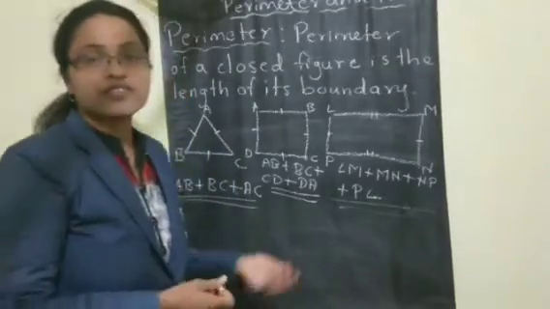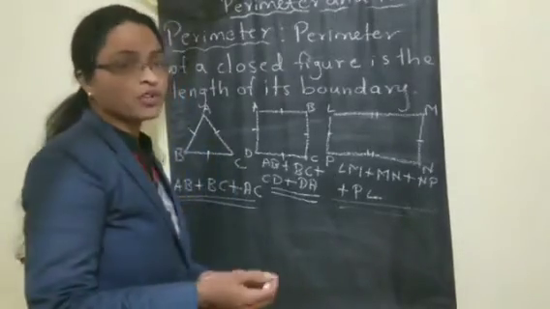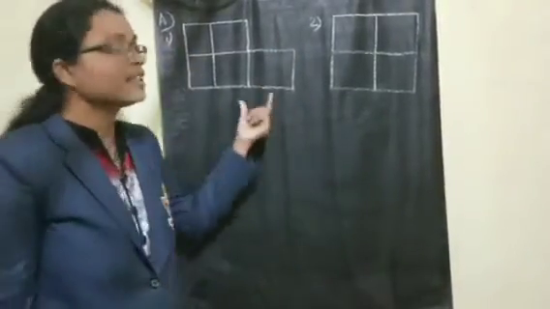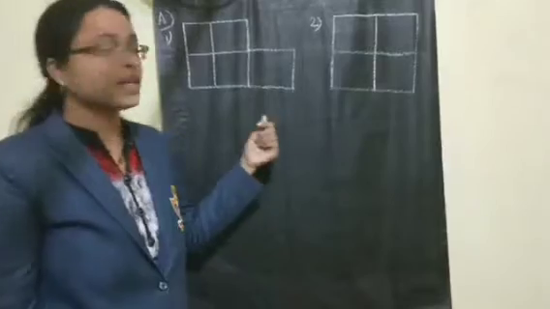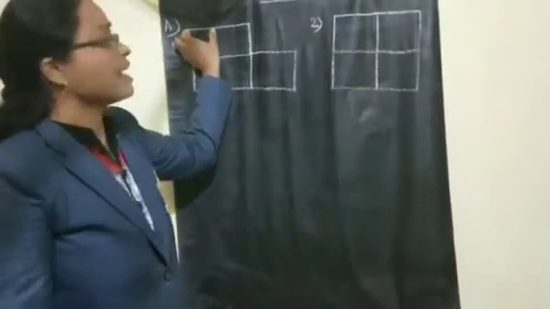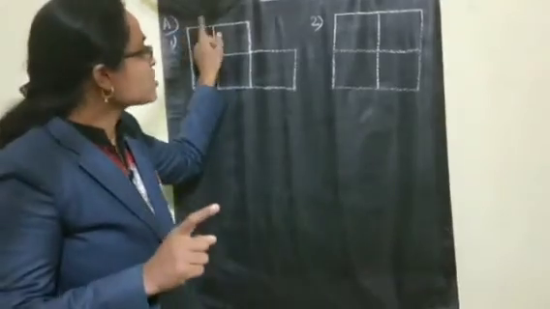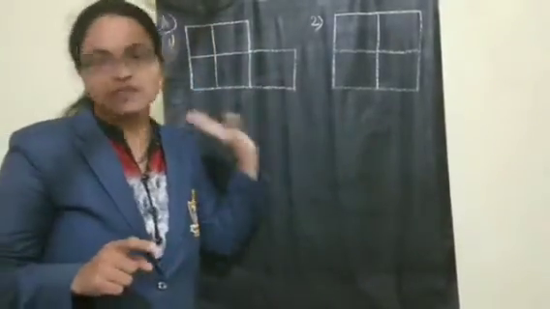Okay, so let us try with an example from your exercise. In your exercise 10A, the A part, they have given some figures, and each of these lengths is given as 1 centimeter, and they asked to find the perimeter of the given figure.